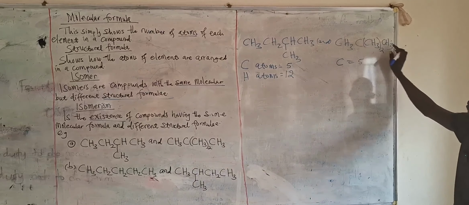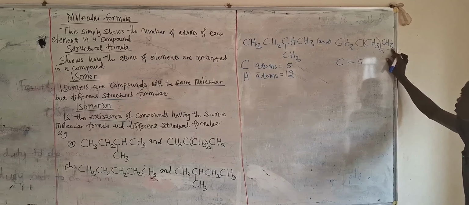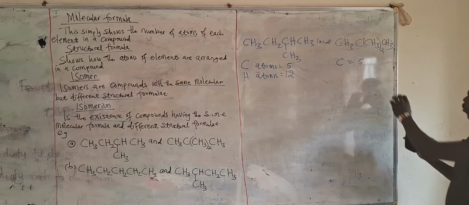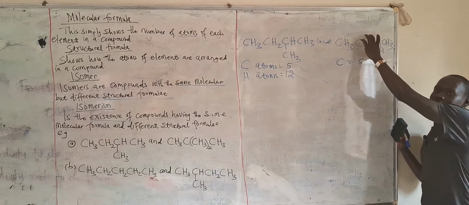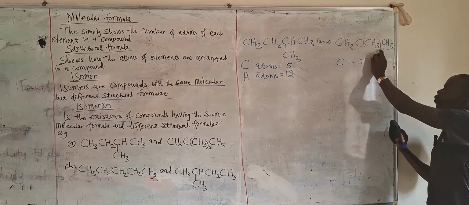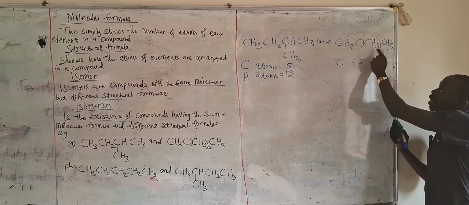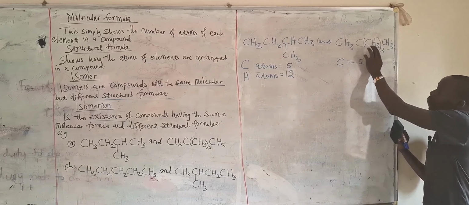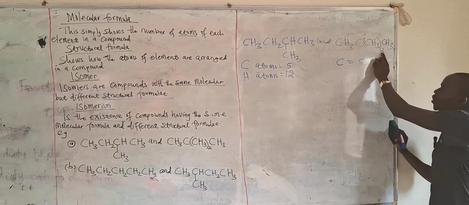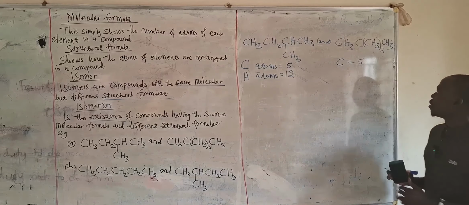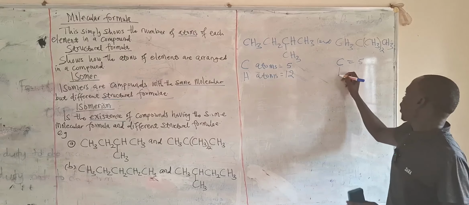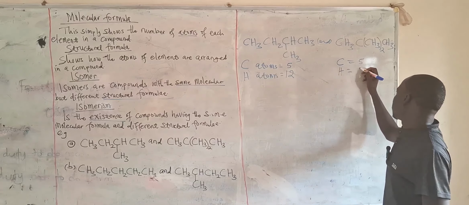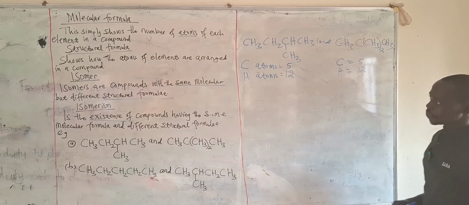We have 3 plus 3, automatically 6. Now, these 2 will multiply what is in the bracket also. We shall have 2 times 3. This 3 is only for hydrogen. So 2 times 3, we get 6. So I have 6 plus 6, I also get hydrogen atoms to be 12 this side.